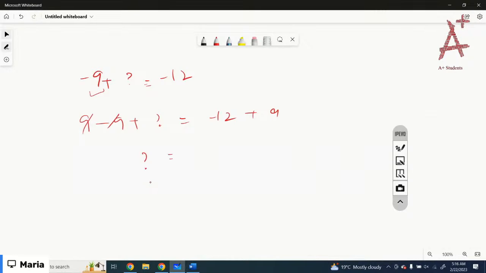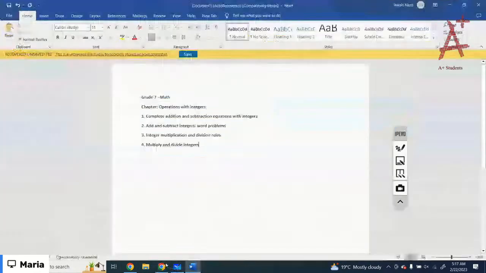You are left with just the missing number. And negative 12 plus 9, you have to subtract and put the sign of the greater number. So it would be negative 3. Got it? So the correct option is negative 3. Yes, very good.